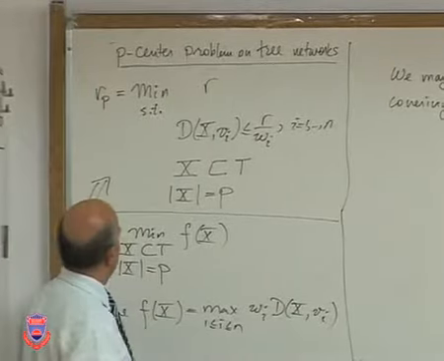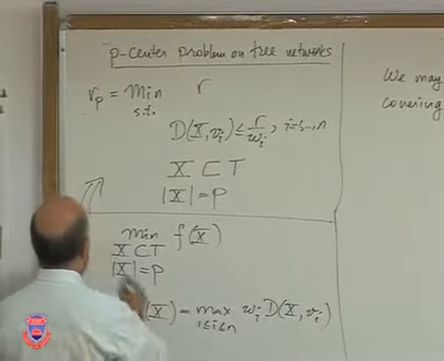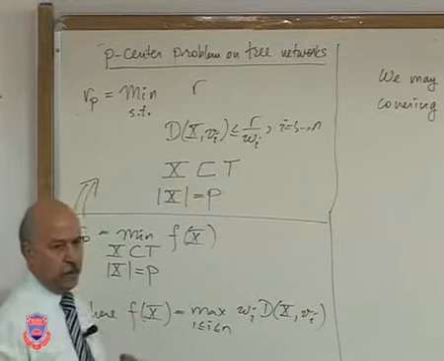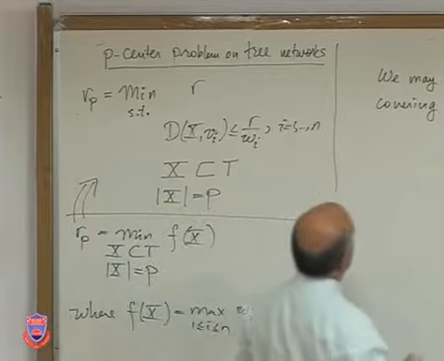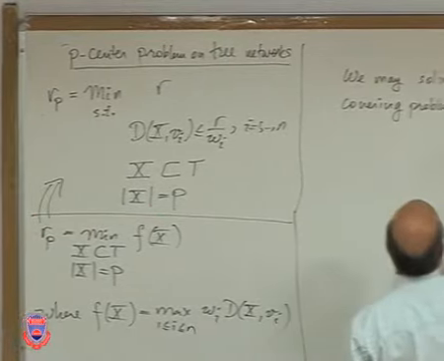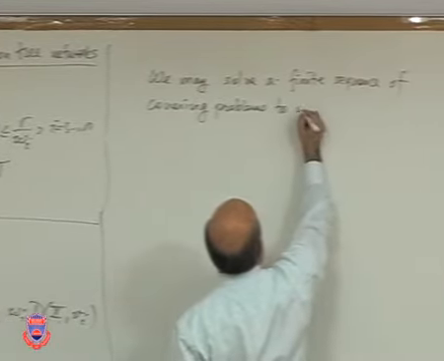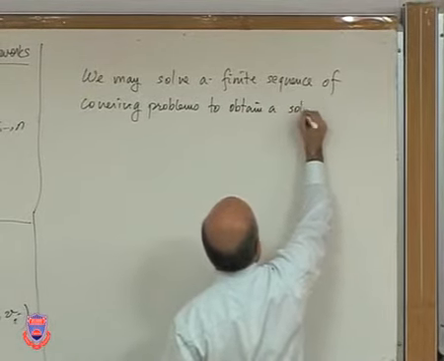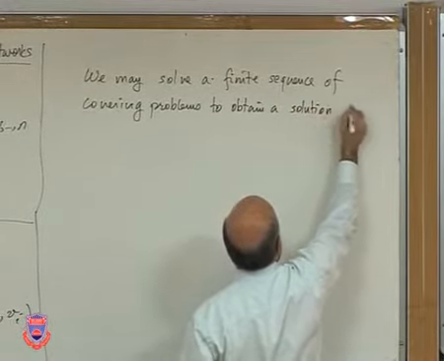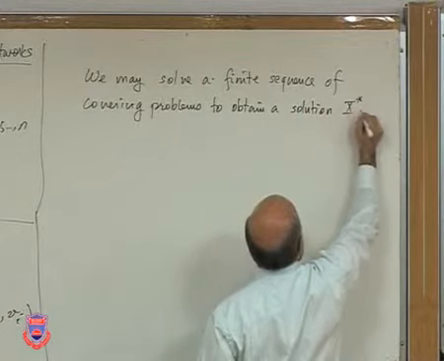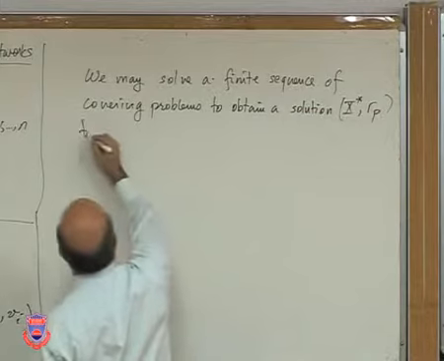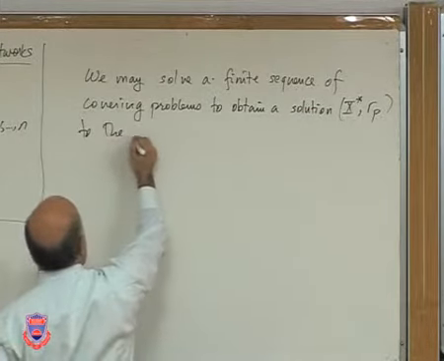So let's call Rp the best value for the original problem. Likewise, Rp is the smallest value you would get here. We may solve a finite sequence of covering problems to obtain a solution x star with objective value Rp to a p-center problem.